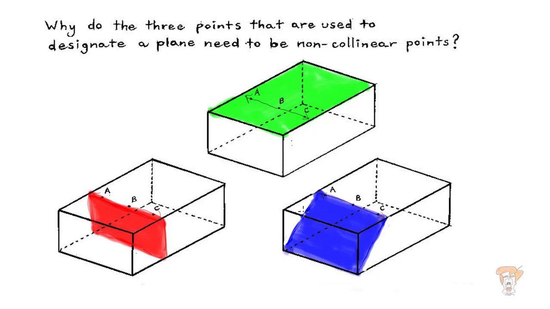Using three non-collinear points to designate a plane will avoid that confusion because three non-collinear points can be contained by only one plane. For example, let us locate and identify point D. Points A, B, and D are non-collinear points.